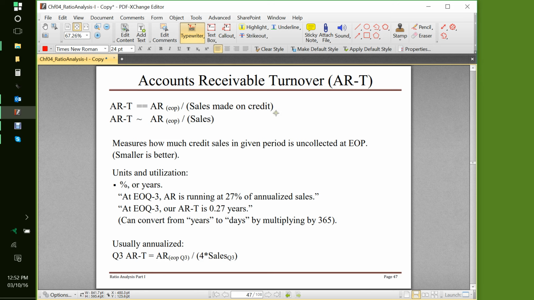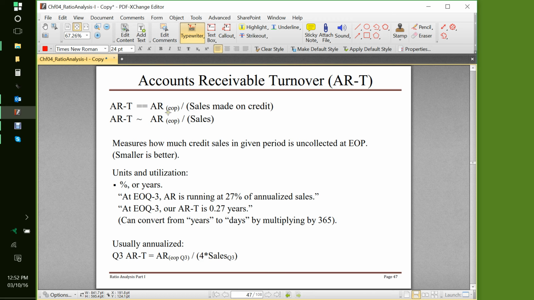Now, one thing some of you may notice is that we have never segregated out cash sales from sales made on credit. And certainly in the financial statements, these things are not segregated and unavailable to folks who only can see the financial statements and are not working inside a company.